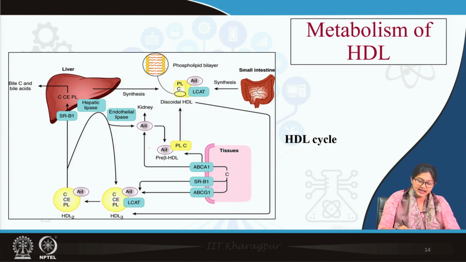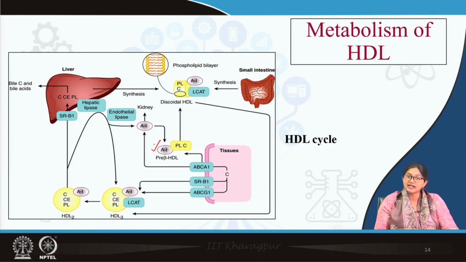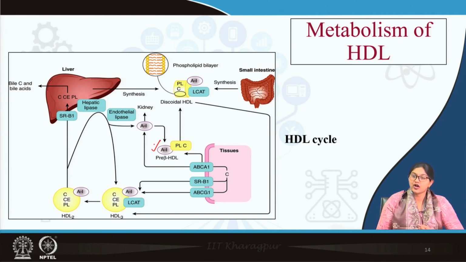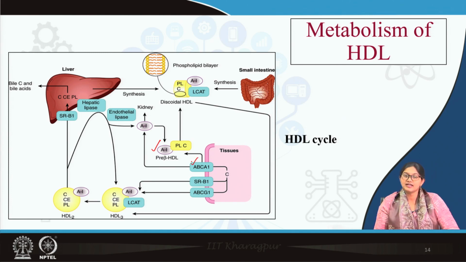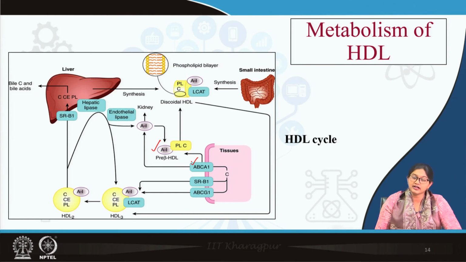So once again we are back to the metabolism of HDL. You have seen that there is formation of pre-beta HDL. Pre-beta HDL takes up cholesterol from the extrahepatic tissue with the help of the transporter ABCA1, and it forms the discoidal nascent HDL form.